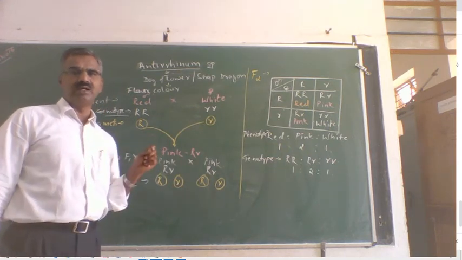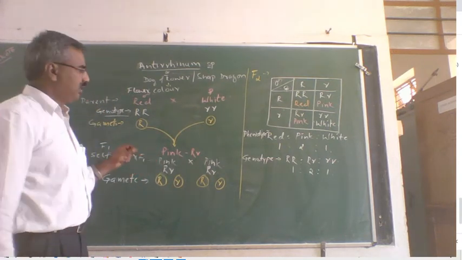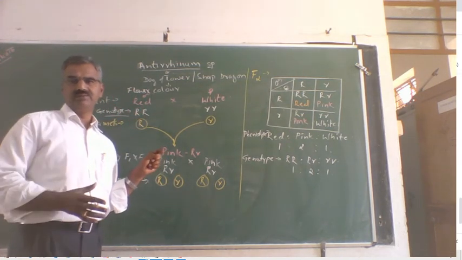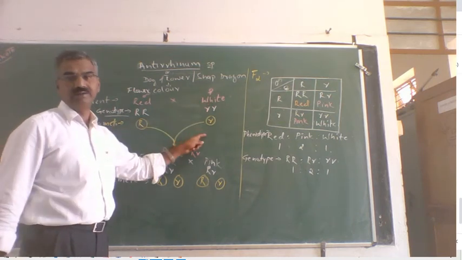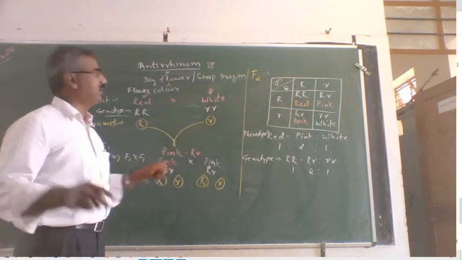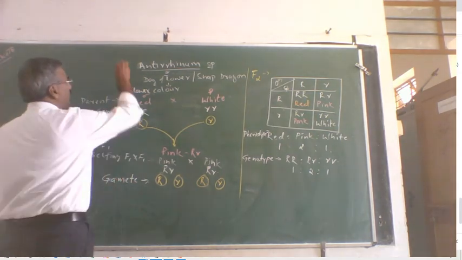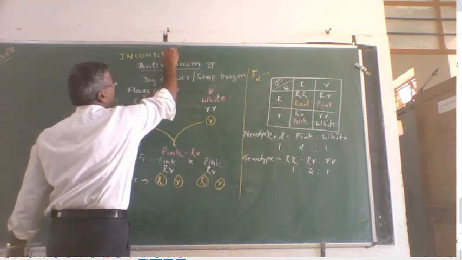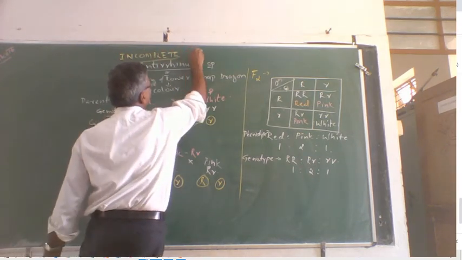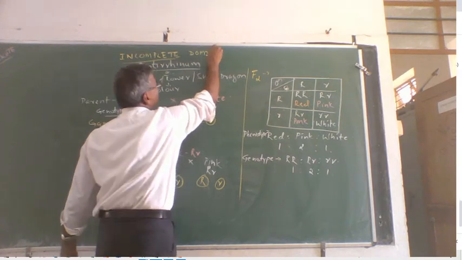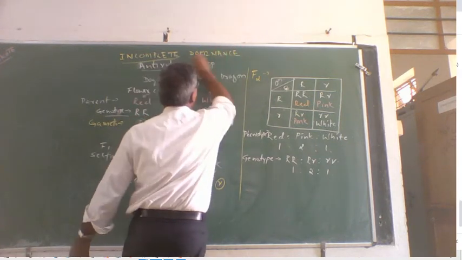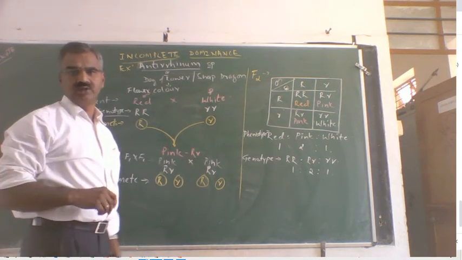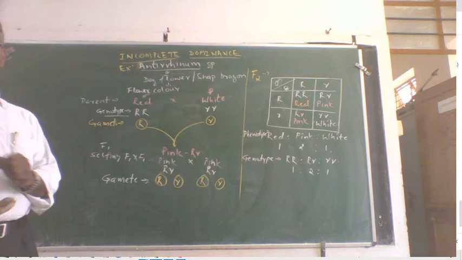And such an inheritance, where the dominant allele is not completely expressed over the recessive allele, we call incomplete dominance. What is this called? Incomplete dominance. What is this concept called? Incomplete dominance.